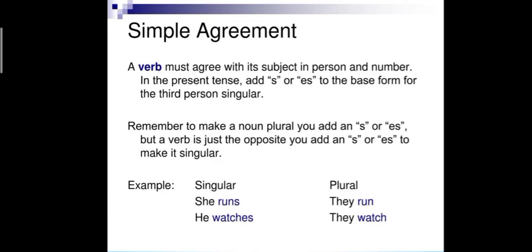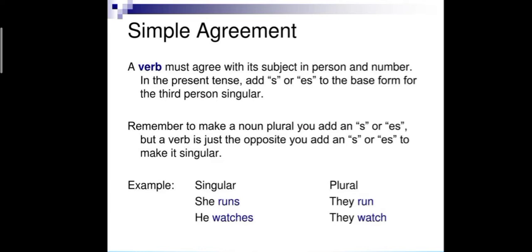The simplest subject verb agreement would be that the verb must agree with its subject in person and in number. For example, I am hungry and he is hungry. In the first sentence, the verb am agrees with the subject I, and in the second sentence the verb is agrees with the subject he.